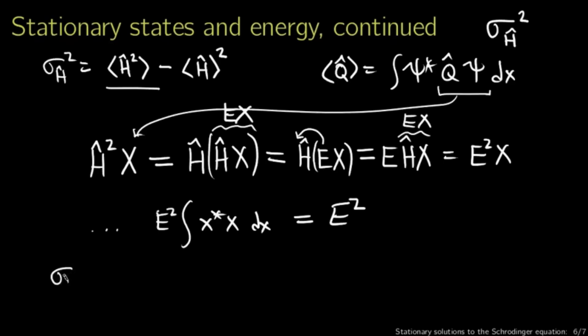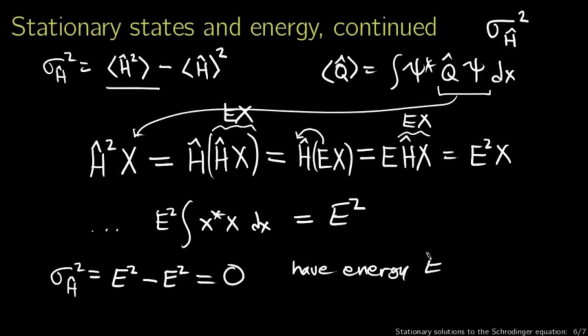So what this tells us is that sigma sub h hat squared, our variance, or our squared uncertainty in the energy of the system, is equal to E squared from this term minus E squared from this term, which is 0.